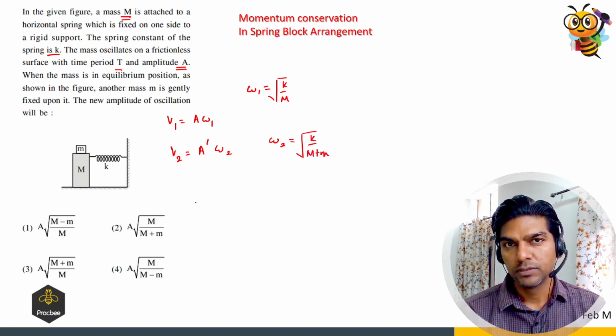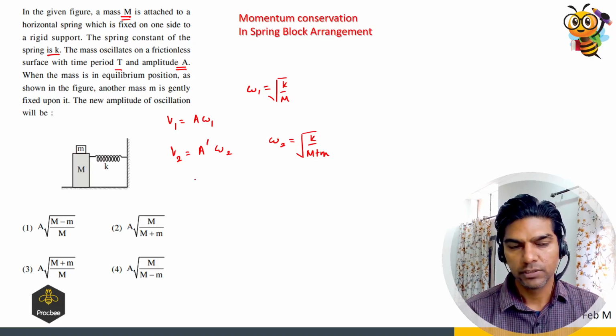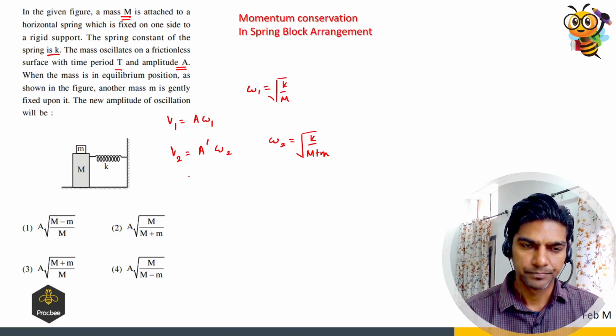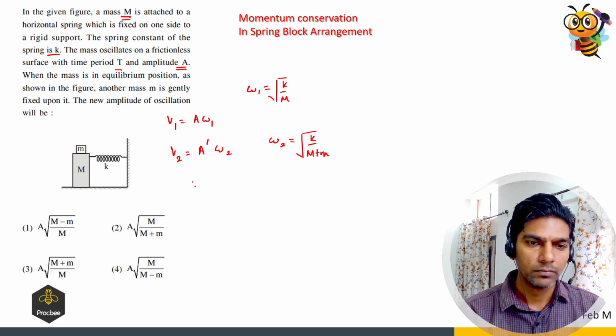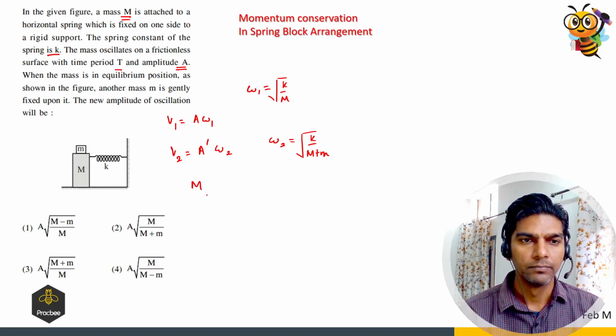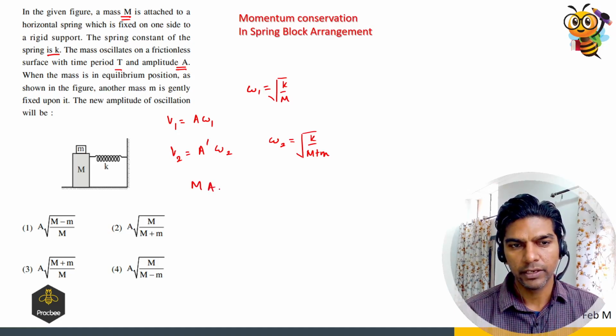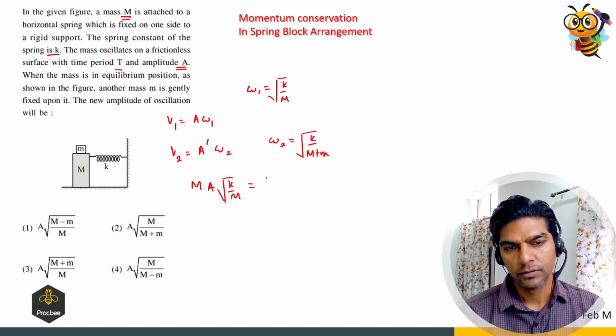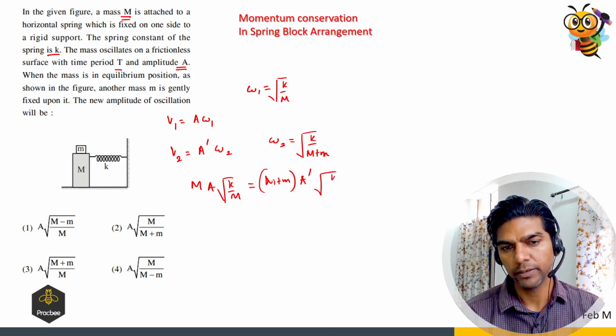If we conserve linear momentum when the system is in equilibrium position, it will be capital M times v1, which is a times root of k by capital M, equal to capital M plus small m times a prime times omega 2, which is root of k by M plus small m.